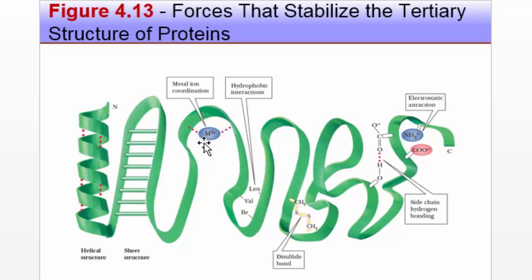We have metal-ion coordination. Here we have side chain hydrogen bonding, to distinguish it from backbone hydrogen bonding in the alpha helix, the secondary structure. And here we have electrostatic attraction between oppositely charged R groups. So by looking at this schematic representation, you can memorize all these forces.